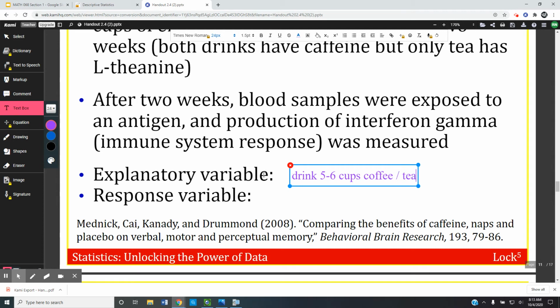And what would the response be? Well, that would be the production of interferon gamma. So it would be the actual production and the measurement of interferon gamma.